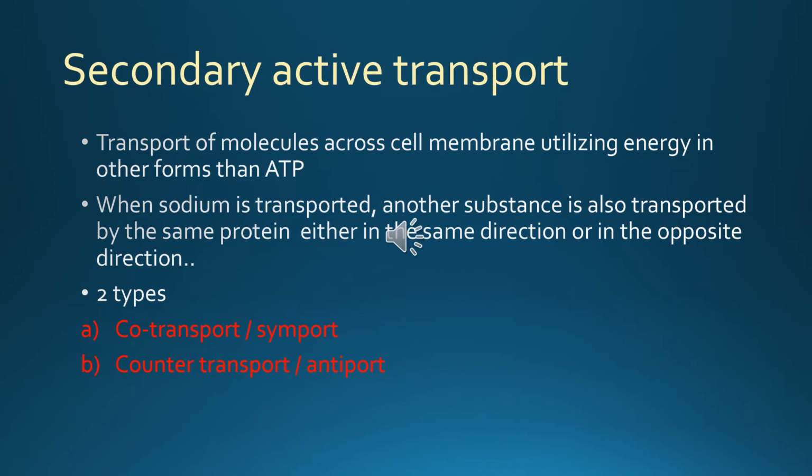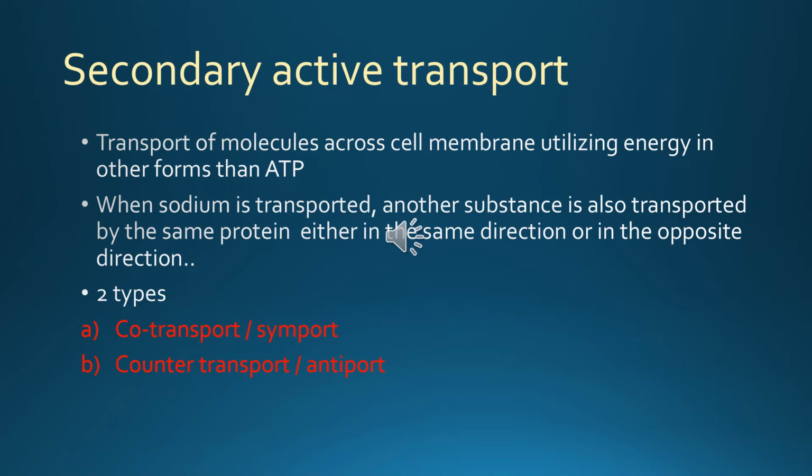Next is secondary active transport. In this mechanism, the transport of molecules occurs across the cell membrane utilizing energy in forms other than ATP. This energy comes from the electrochemical gradient created by the ions pumped out of the cell. So mostly it is associated with the sodium ions.